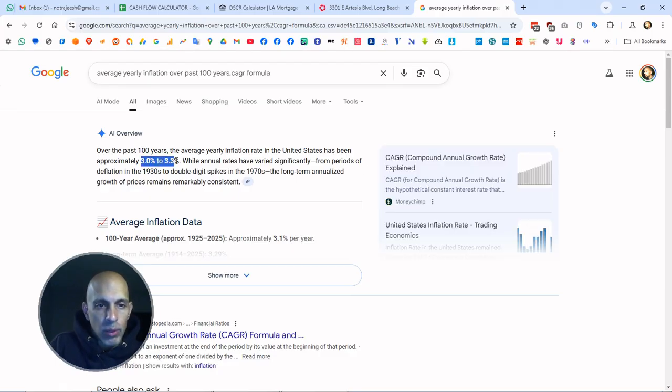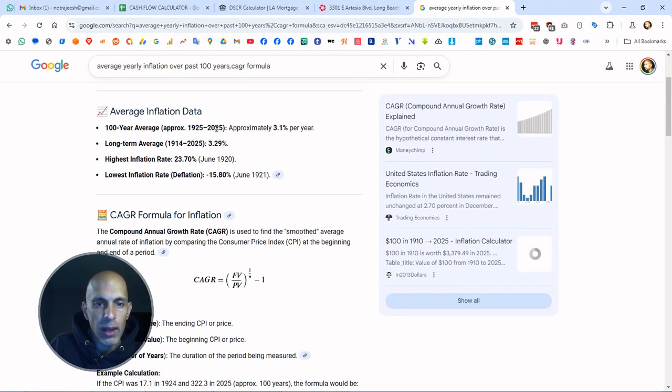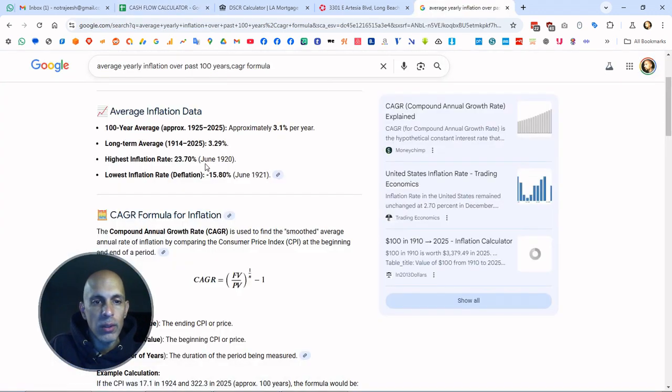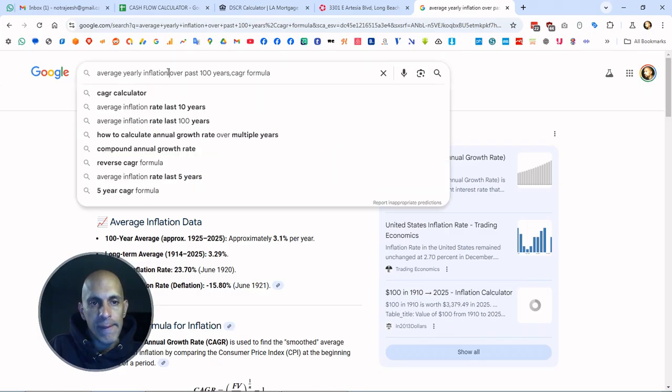So between 3 to 3%, and what I have here is 3.29. It's from 1925 to 2025 is 3.1, but the long-term average, which is what I like, is 3.29%, which is how I got this. So the longer the better, in my opinion, when it comes to figuring out inflation, because who knows what's going to happen in the next 30 years.